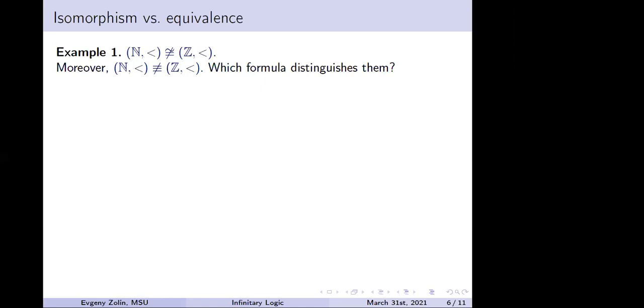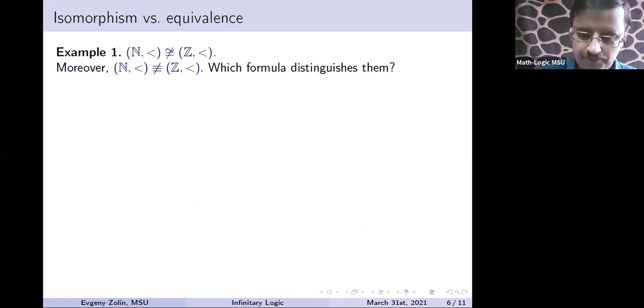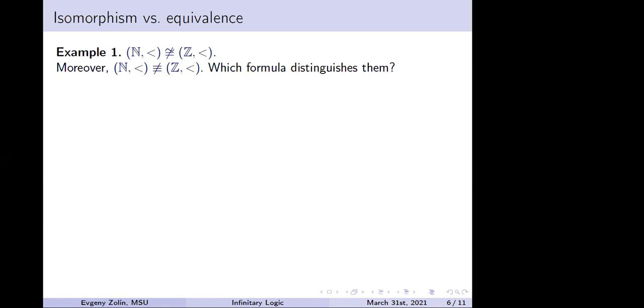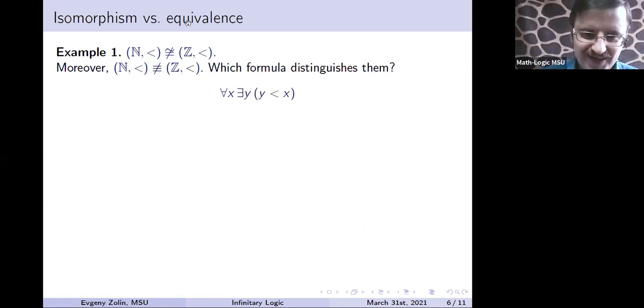I think yes. It's about the minimal element. Something like: there exists X such that for all Y, Y is bigger than X or equal. Even without equal. Here I wrote a negation.